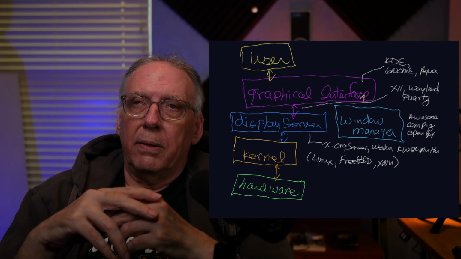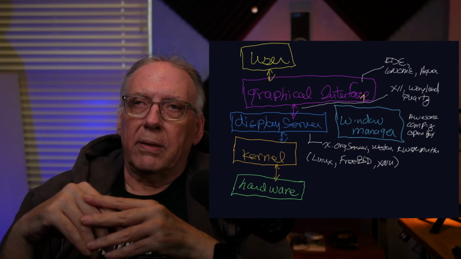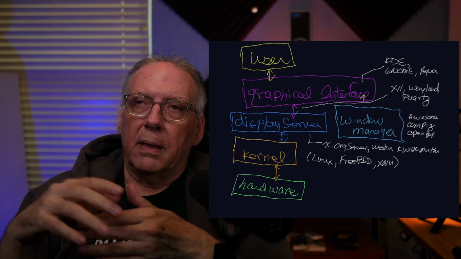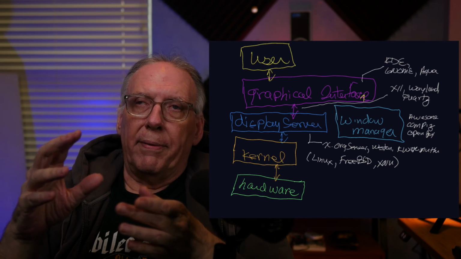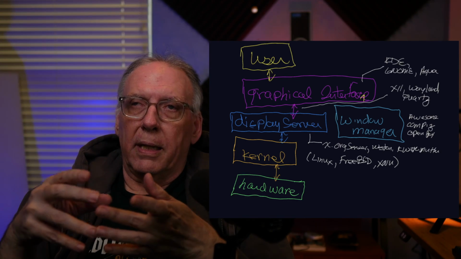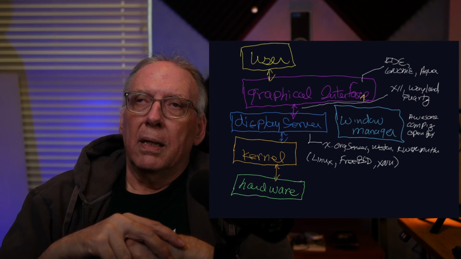And then you have your display server and your window manager. Your display server can be your Xorg server, it can be Weston, and then you have your window manager. That could be things like Awesome, or Compiz, or OpenBox, things like that.